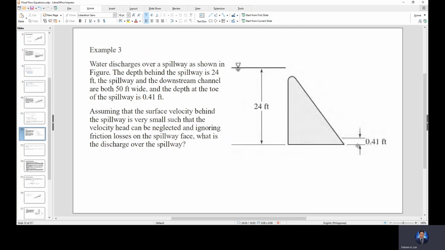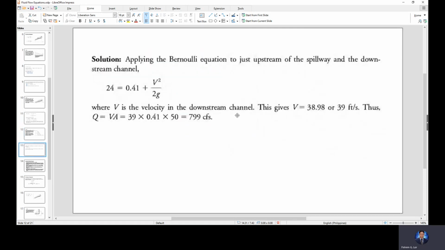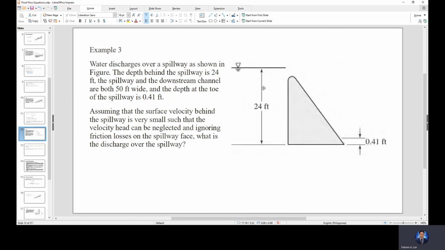We cannot neglect the velocity at the front, because this is actually where we will solve for the velocity. So at point 2, this is our point 1 behind the spillway on the left side of the spillway, and this is our point 2 on this side.